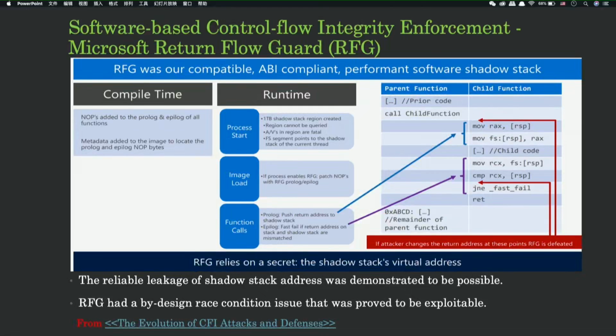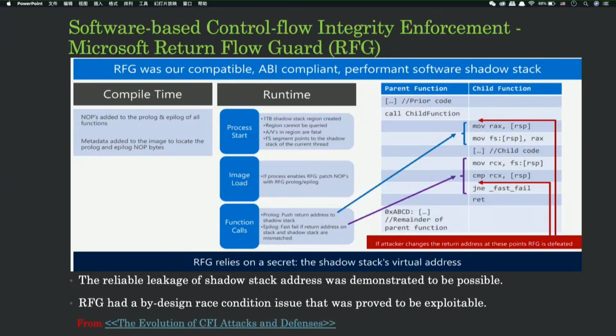So we copy that into this FS RSP, which points to the shadow stack, which means we're copying the real return address into the shadow stack. And then after the original code executes, before we return, we do a comparison, which is the reverse process. We take the copy of the return address on the shadow stack and compare it with the real return address. That is how the return flow guard is implemented.